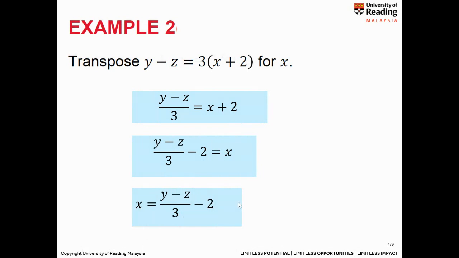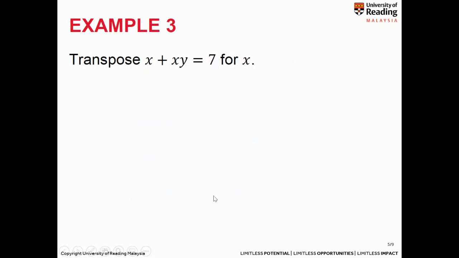You need not make it into one fraction. What about this one? x plus xy equal to 7. Make x the subject of the equation. So again, please pause for a minute until you get your answer. Then you shall continue. Let's look at your answer and check the working. So in this case, it's very easy.